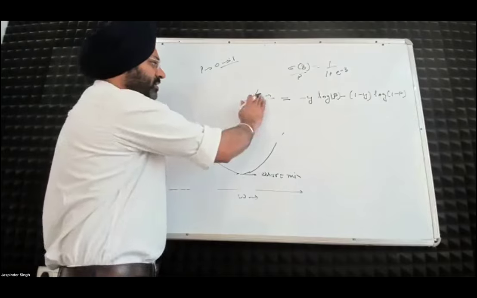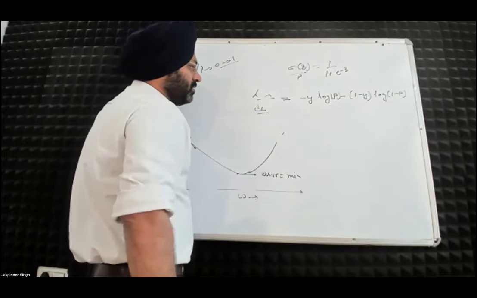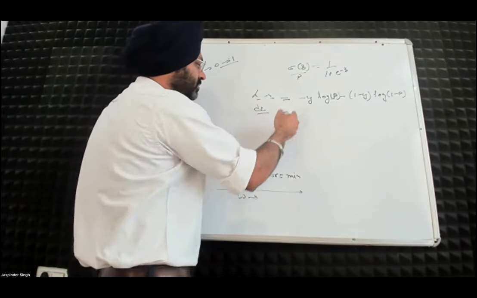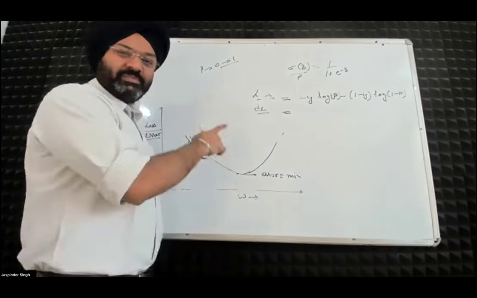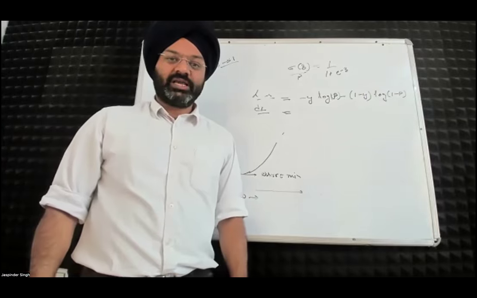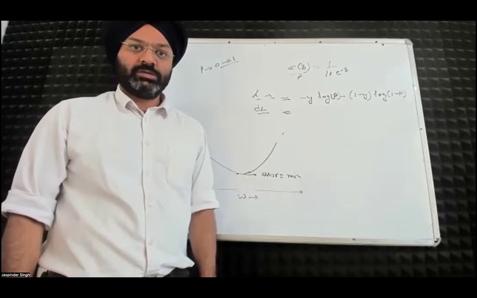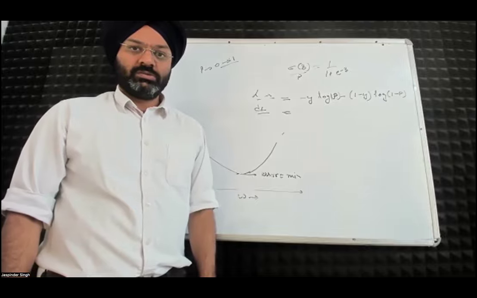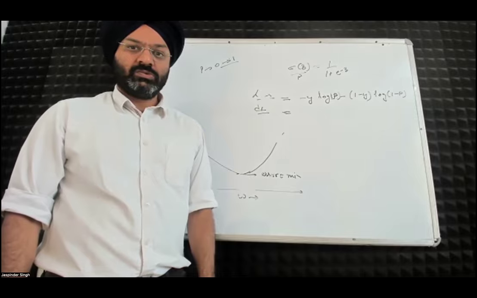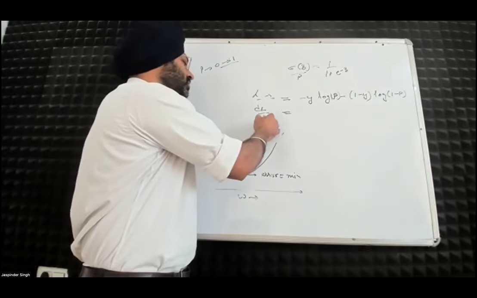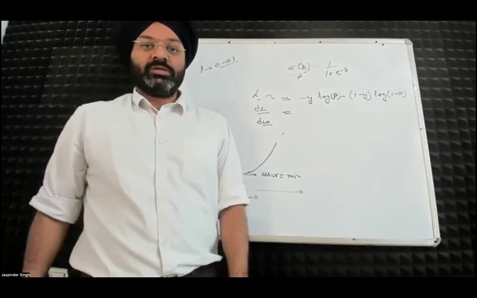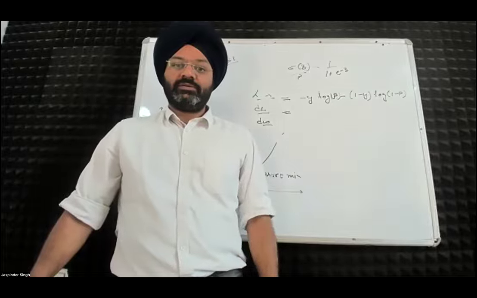If I take dl, the first order derivative of this, remind me once again, I will be taking the loss function derivative with respect to what? Weights. Remember, we are changing the weights.